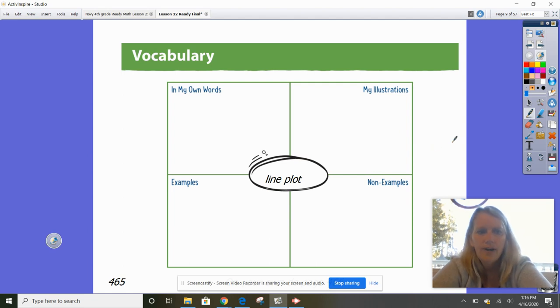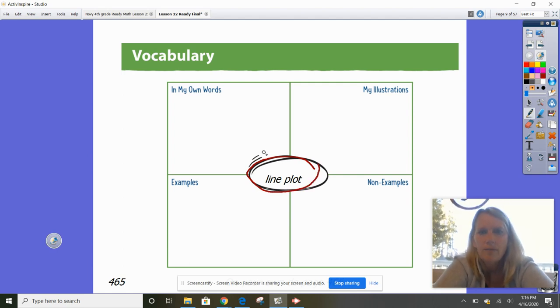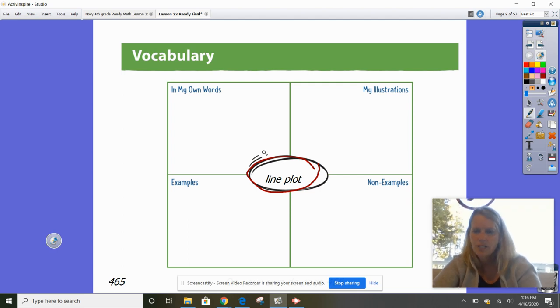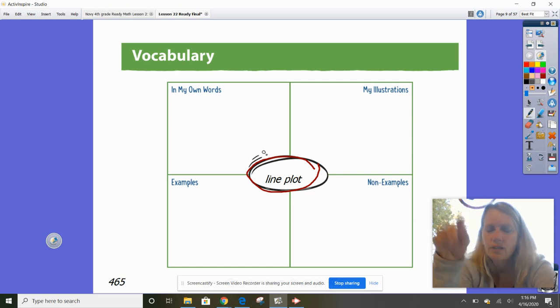Okay. All right. On page 465, you need to write line plot in the middle. This vocabulary page is about line plots, which is what we're going to be doing all week. Fractions and line plots. So a line plot, let me start with a non-example.